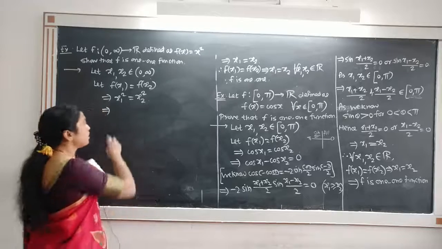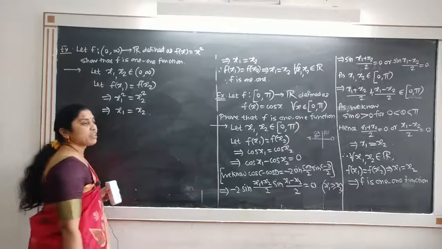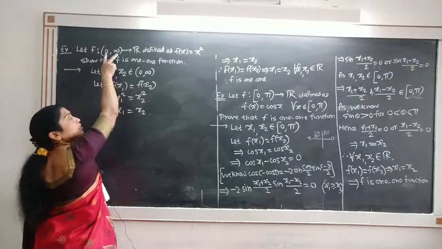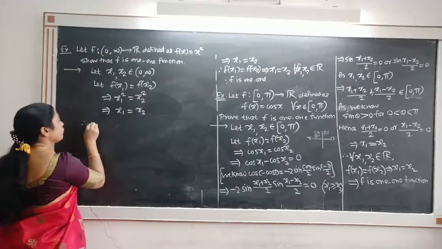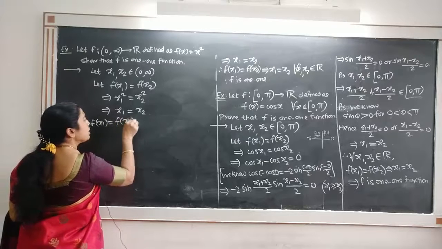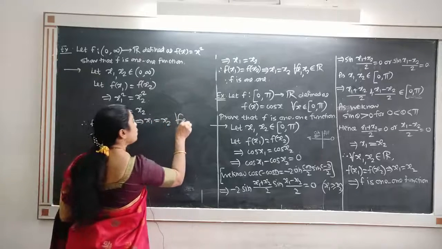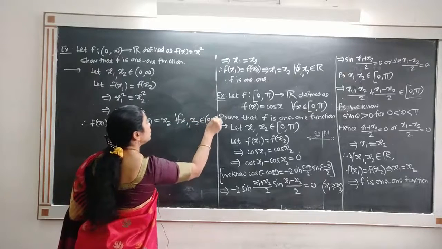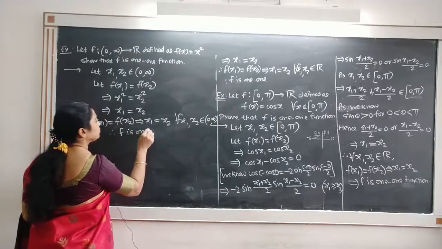So obviously the square is positive, and if x1 square is equal to x2 square and these numbers are positive, obviously x1 is equal to x2. Therefore f of x1 is equal to f of x2 implies that x1 is equal to x2 for all x1, x2 belonging to the domain, that is 0 to infinity, and therefore the function is 1-1.